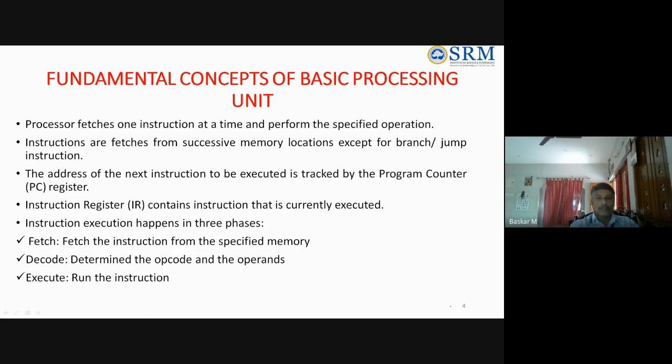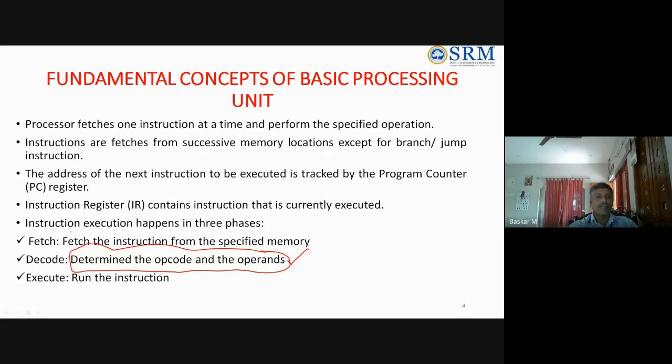The decoding unit determines what the operation is, what types of operands are involved, and how many operands are involved, and gives all that information. Then the required operands are fetched from the particular place. This process we call decoding.